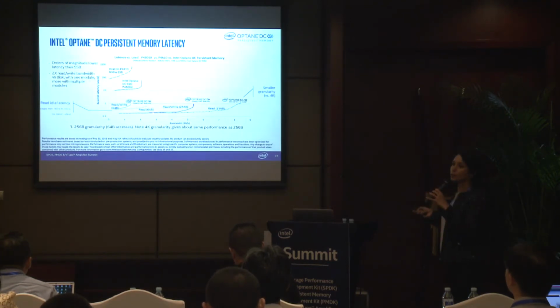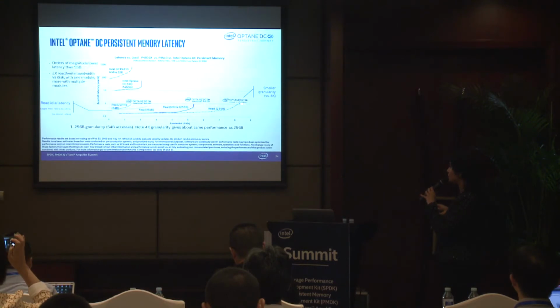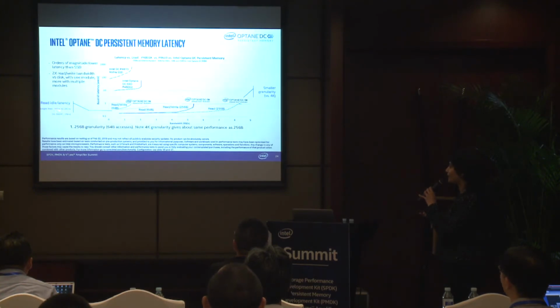So you're going to get better bandwidth with more modules in your system. And this is the read idle latency. It ranges from 180 nanoseconds to 340 nanoseconds for reads and writes, versus the DRAM where it's about 70 to 80 nanoseconds. So that's the difference you see here.